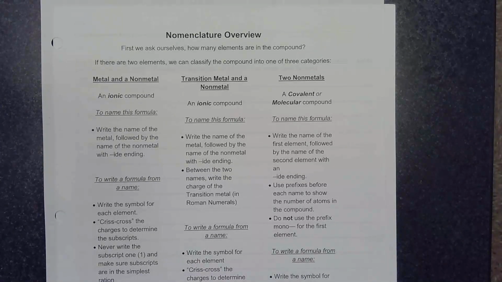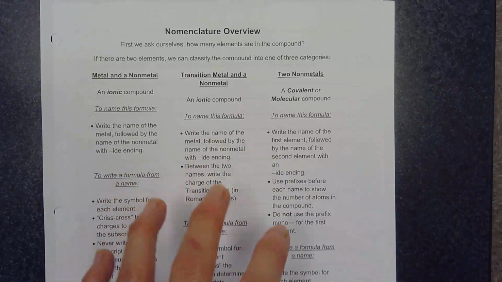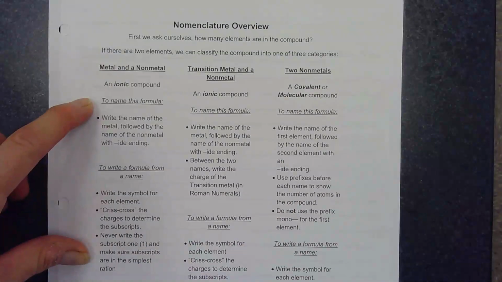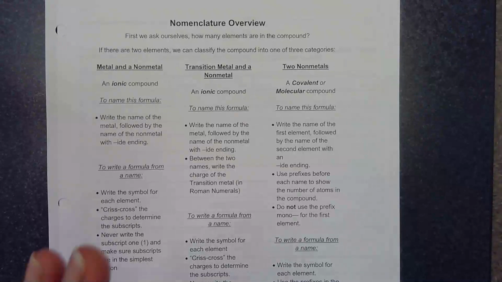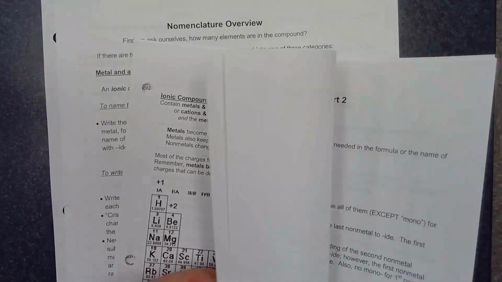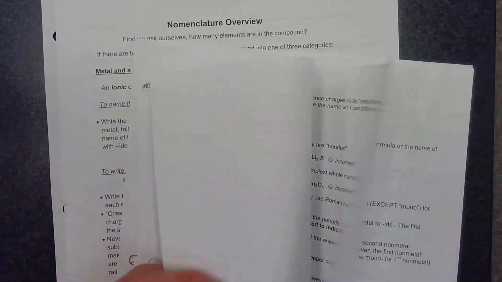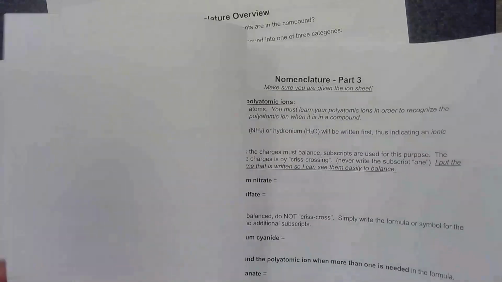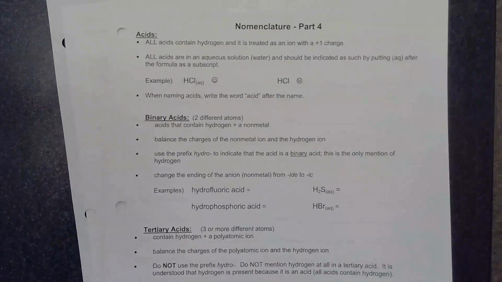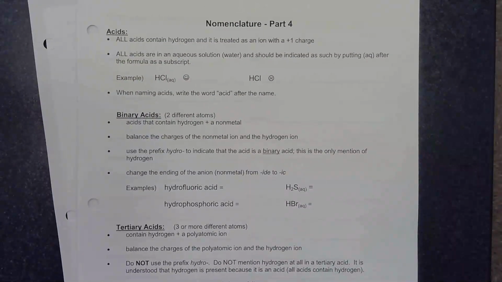I think it was. If it wasn't, then you have this page. So ionic compound, pay attention to what this tells you, molecular compound, etc. Now, what I really wanted to do, and you guys have all watched the videos on this, I'm assuming. If you haven't, then you're way behind. But here's an acid page.